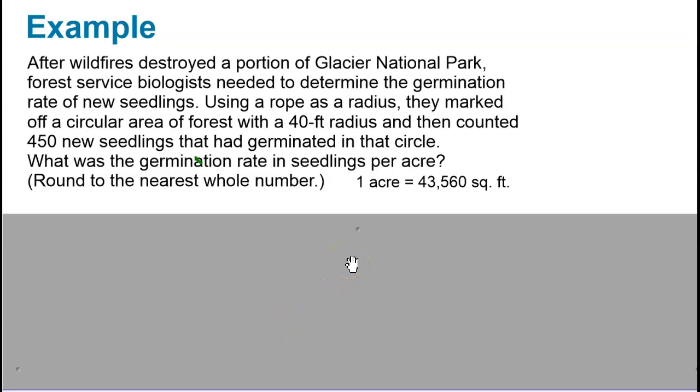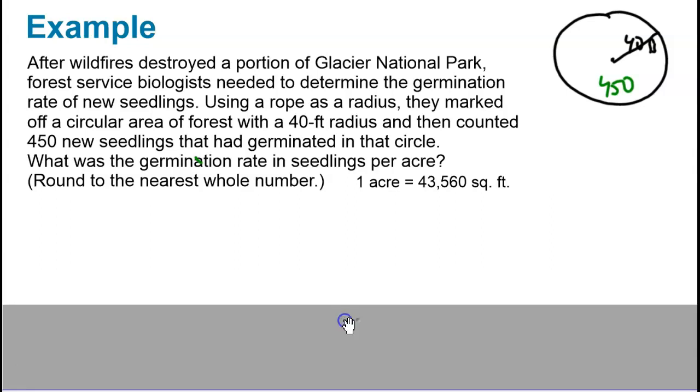One of the things that's interesting is they talk about an actual real world scenario where they put a central stake out, and they take a rope and they get a 40-foot radius, so they can put a rope out, and from there they go out 40 feet, and inside of there they counted 450 seedlings inside that area, but we don't know what that area is, so we need to figure that out.